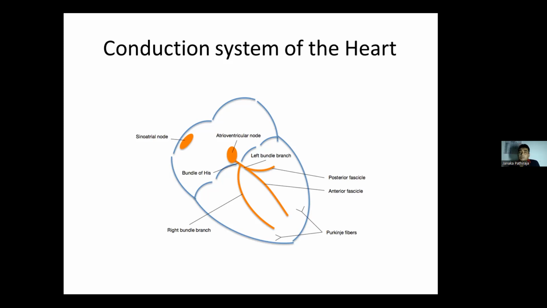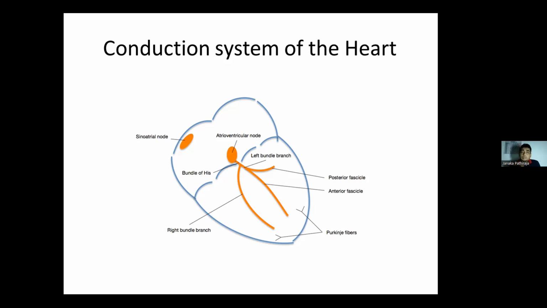The left bundle branch is further divided into posterior and anterior fascicles, and these fibers are further subdivided as Purkinje fibers, and they supply the muscles of the heart. That is how electrical signals originating from the sinoatrial node come down to the cardiac muscles.